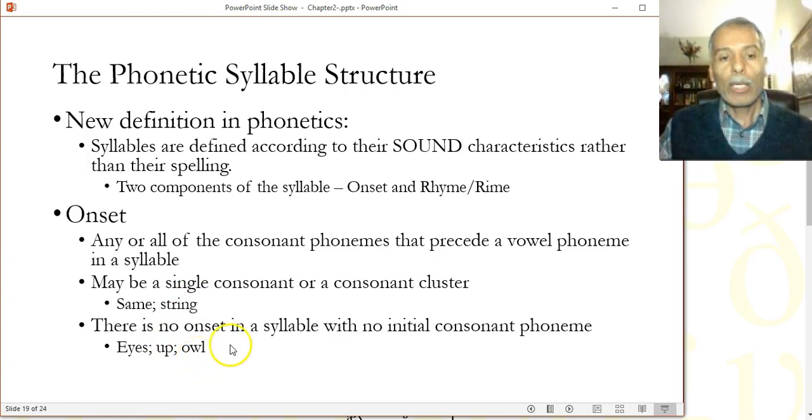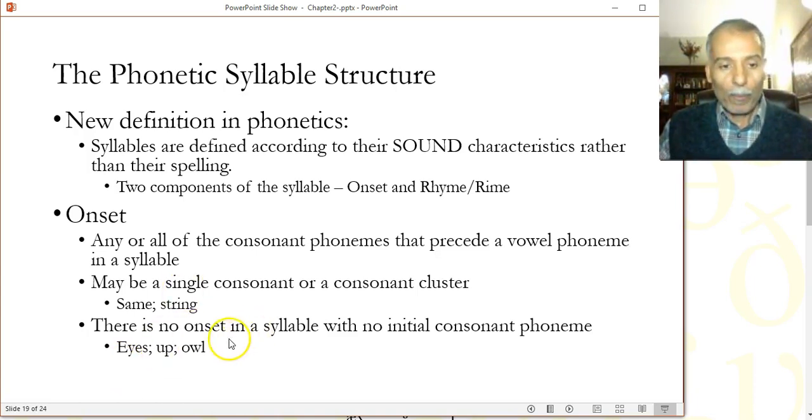And look, some syllables don't have anything after the vowel. And some don't have an onset either. So the only mandatory component of a syllable is the vowel. In addition to that vowel, you can have something before it, called the onset, or something after it, that you are going to call the coda, or the tail of the vowel.